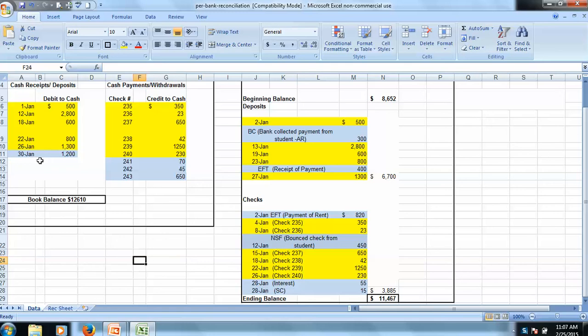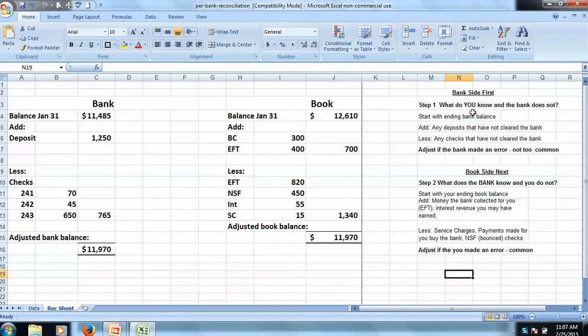What are those things? Well, we've made some deposits that haven't cleared the bank account, and we've written some checks that have not cleared the bank account. So we're going to add those deposits to the ending bank balance. We're going to subtract out those checks which have not cleared the bank yet.